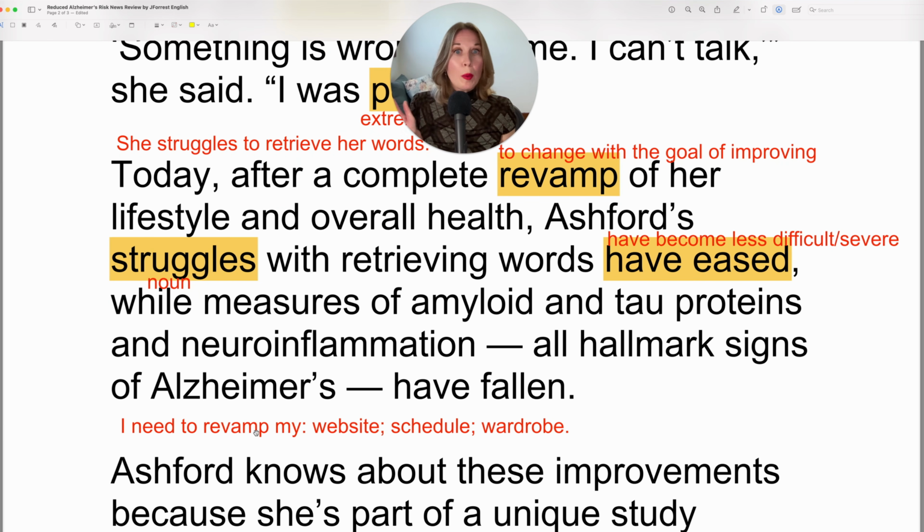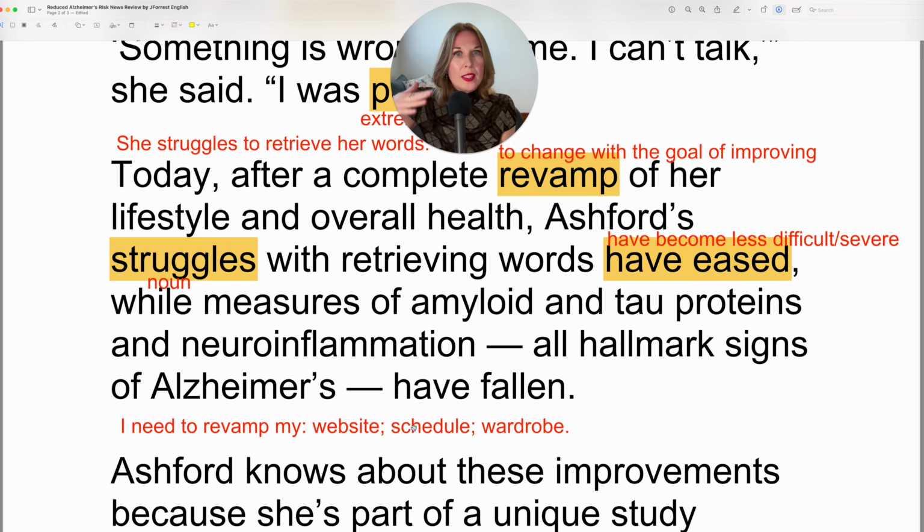This word is commonly used in a variety of contexts. So the verb is revamp. You might say, "I need to revamp my website." So you completely change the layout, the design, the colors, the photos. And of course, your goal is improving the website by doing that. I need to revamp my website.